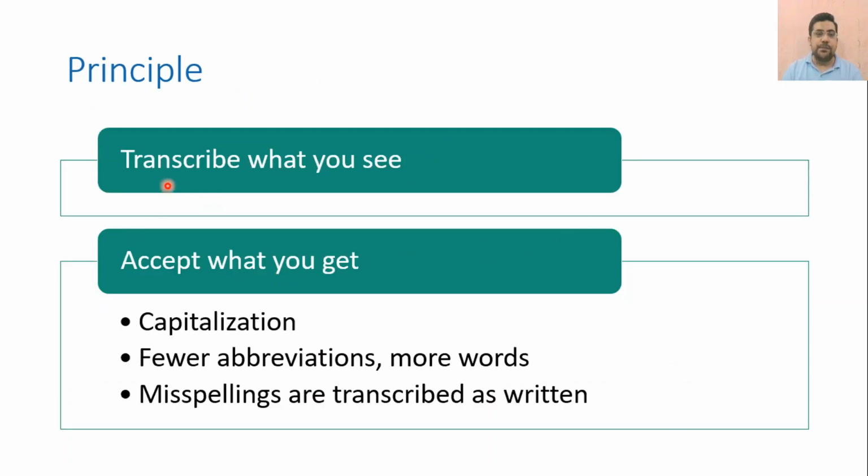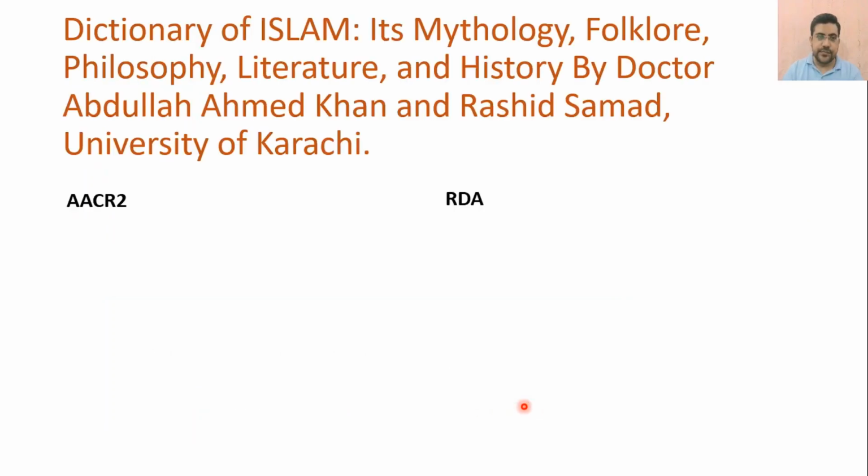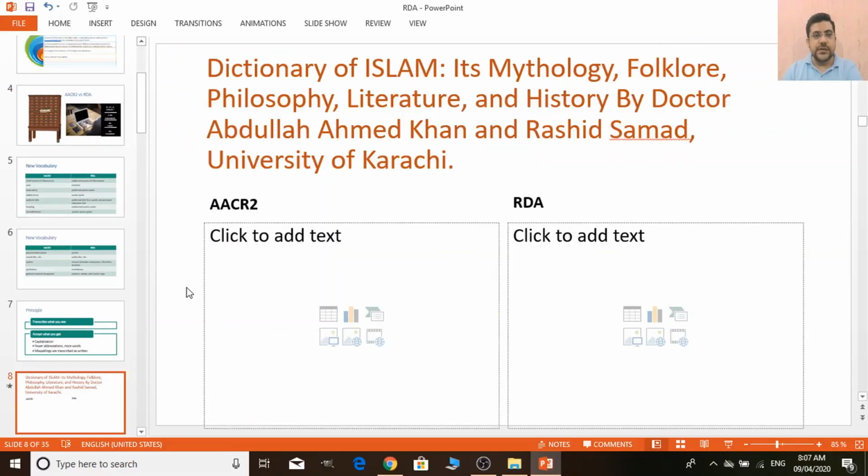So the basic principle of RDA is to transcribe what you see, accept what you get. There is no rule for capitalization, and there are fewer abbreviations, more words, and misspellings are transcribed as written. So we have one title. Let me show this.